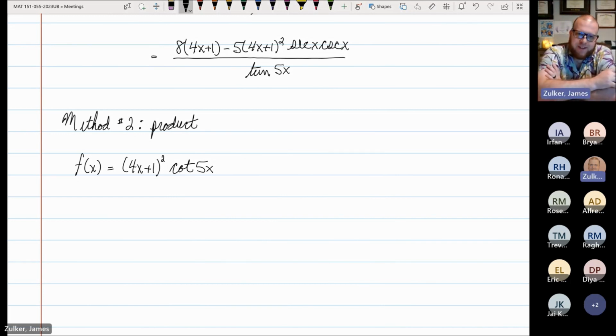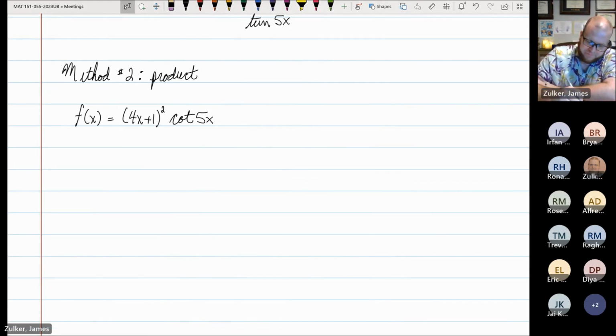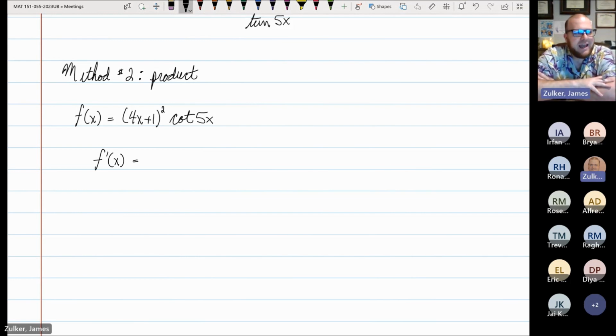So we could instead write this as the product of the quantity 4x plus 1 squared and cotangent of 5x. Which would now allow us to use product rule.